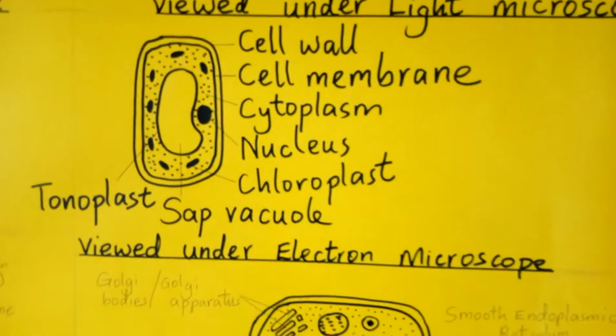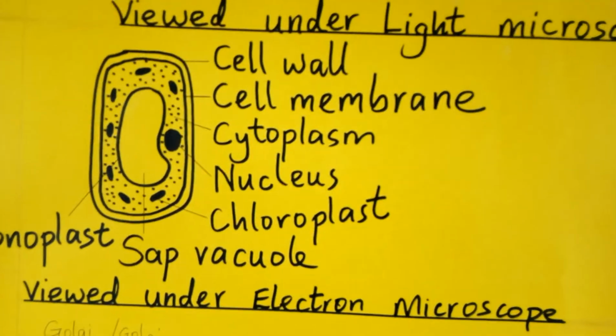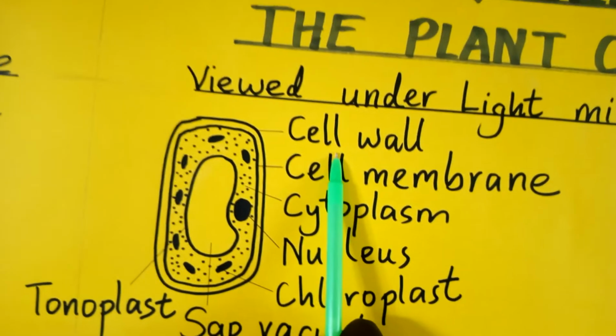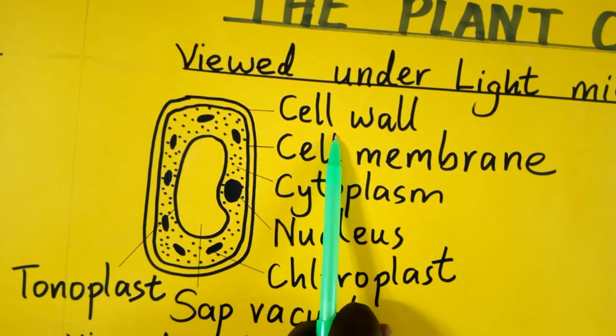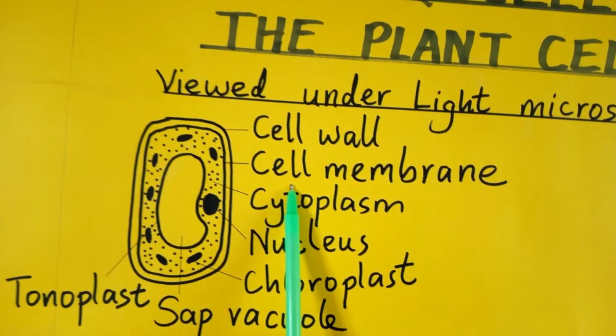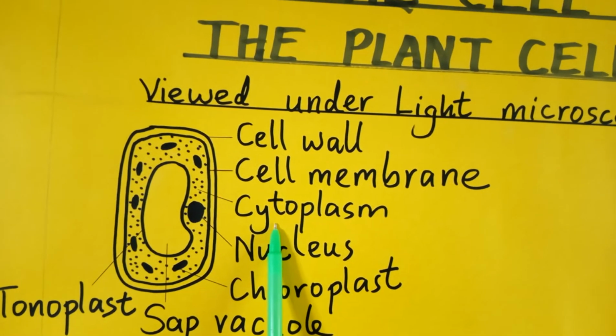The parts that you will be able to see in the plant cell include the cell wall. The cell wall is the outermost covering. We also have the cell membrane. We also have the cytoplasm.